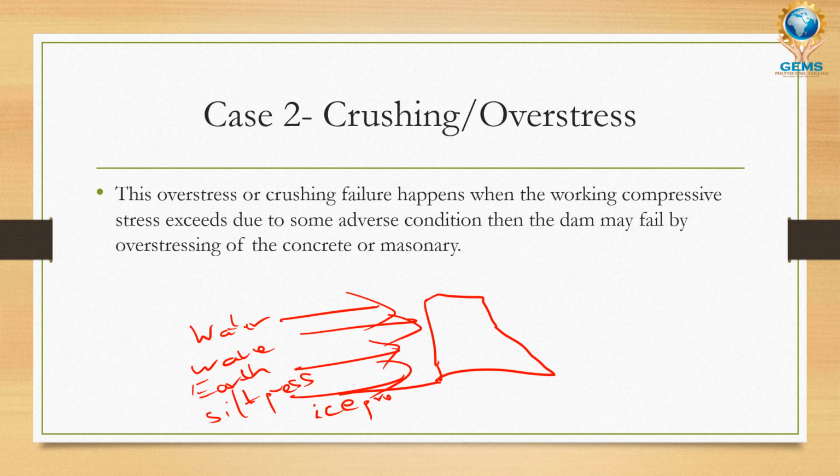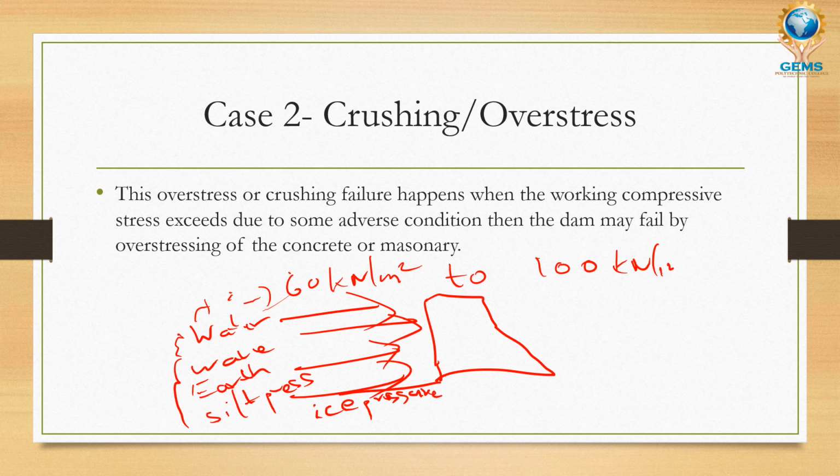Suppose your gravity dam is exerted by excessive pressure of any one of these pressures, like water pressure. Suppose it exceeds the normal, which should be, for example, 60 kilonewton per meter squared, and it exceeds to 100 kilonewton per meter squared.